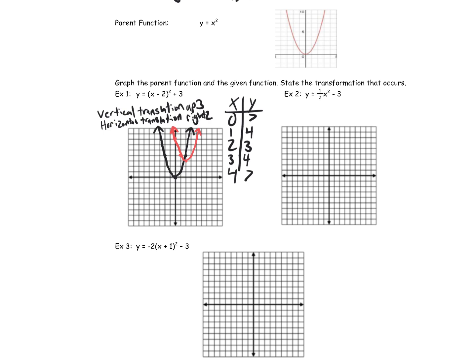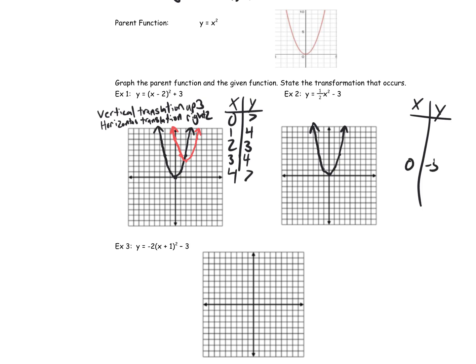So again, we are going to graph the parent function here. So go ahead and do that in black. The black is the parent function. And this time, our a is going to be 1/2, and our vertex is going to be 0, negative 3.